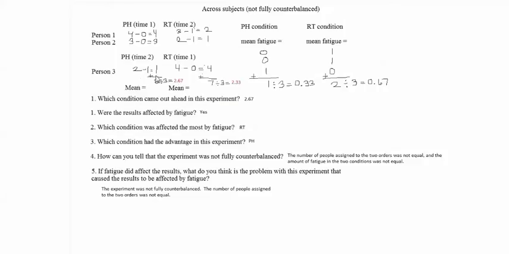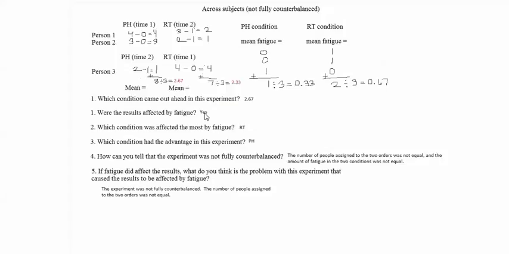That's the average for Pizza Hut. The taste ratings for Round Table were 2, 1, 4. If I add those, they add up to 7. 7 divided by 3 is 2.33. So it looks like people liked Pizza Hut more than Round Table because Pizza Hut had the higher taste average. So I didn't mean to put 2.67 here. I meant to put PH or Pizza Hut as the answer right here because they came out ahead.